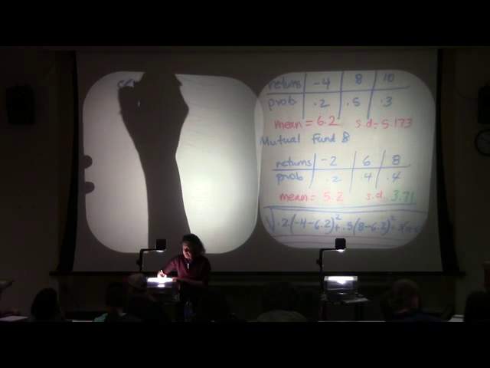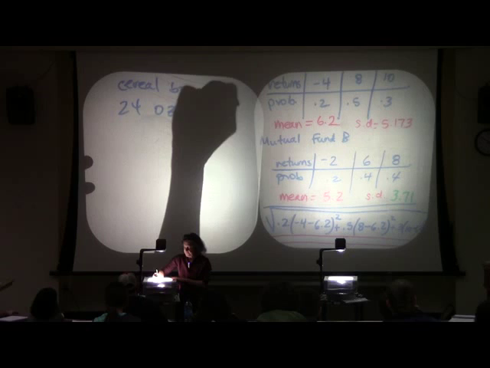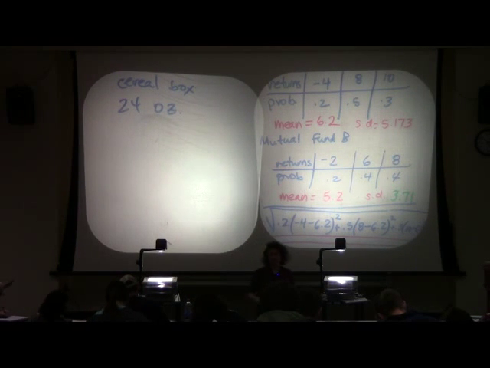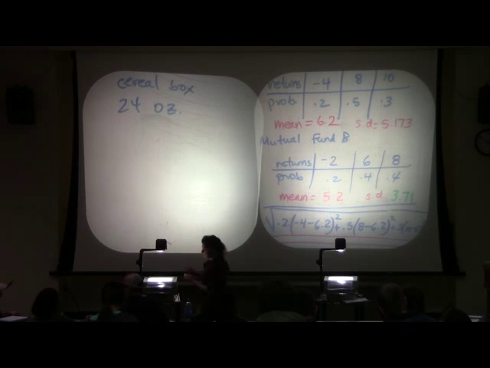Okay, let's pretend our cereal box claims that it weighs 24 ounces. Well, do you really think that if you weighed the cereal, every single box would weigh exactly 24 ounces? No, of course not. I mean, different machines fill differently, okay?